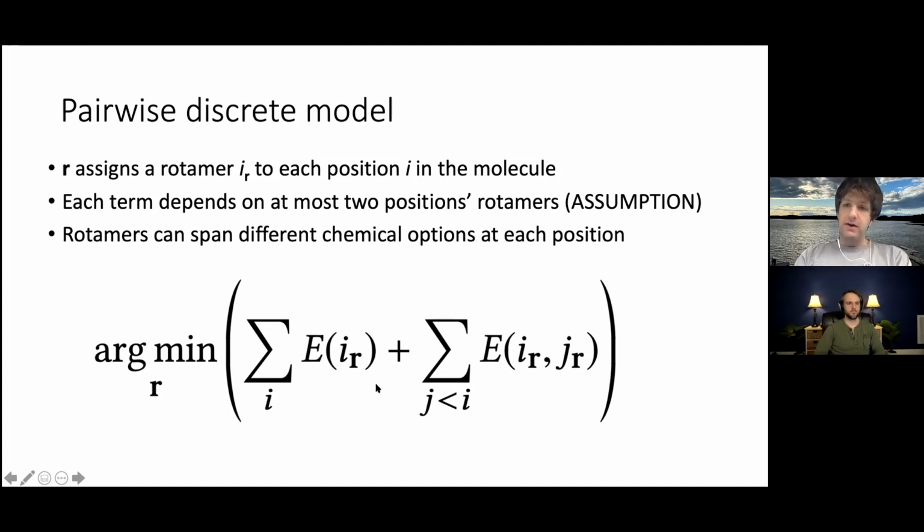And how are we going to model the energy? Well, the simplest models account for things like charge-charge interactions. So how would you calculate that? Well, every atom has electrons that might be further or closer to it. So there's going to be a bit of positive charge or a bit of negative charge on most atoms.